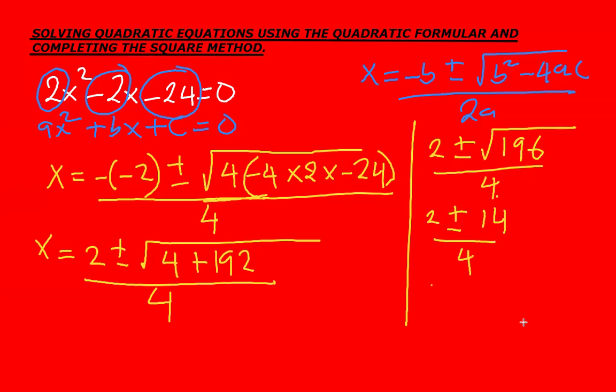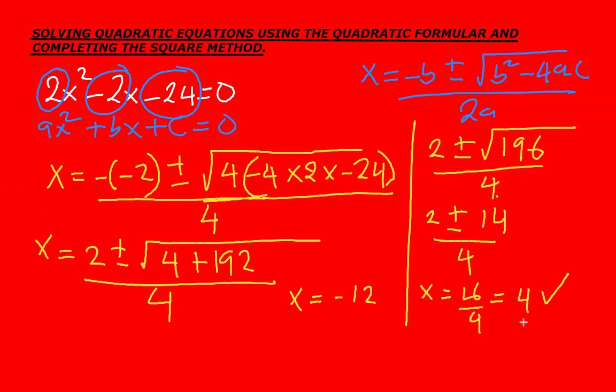The first x will be, x is equal to 2 plus 14, which is 16. So you get 16 over 4, and that gives us 4. That's the first solution. The second solution for x becomes 2 minus 14, which gives us negative 12.